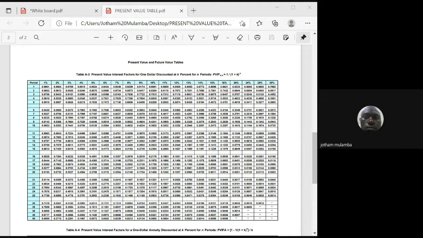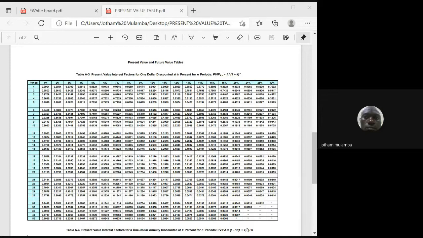If government is going to borrow money in US dollars, we'll refer to that as a dollar bond. If Kenya is borrowing in Kenya shillings, because that's our local currency, then we'll just refer to it as a bond or a Kenya shillings bond. So bonds are where government is borrowing from the public.